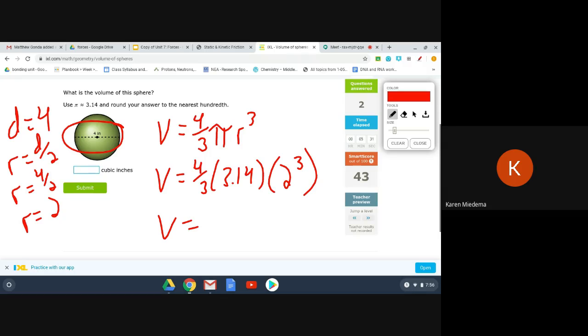Again, that's just from the formula. 4/3 times 3.14 times 2 to the third power. I get 33.49, and then 3 is repeating, but the 3 tells the 9 to stay the same.